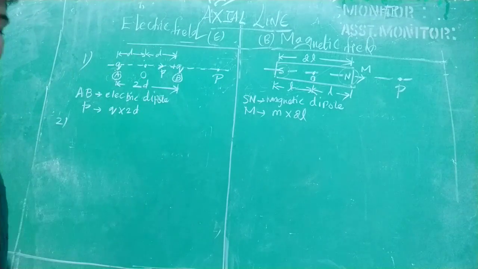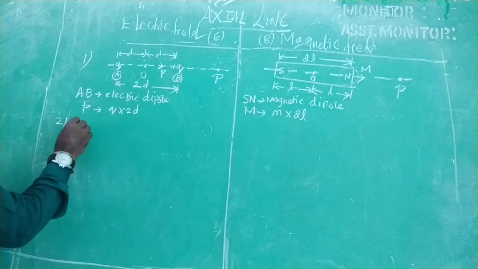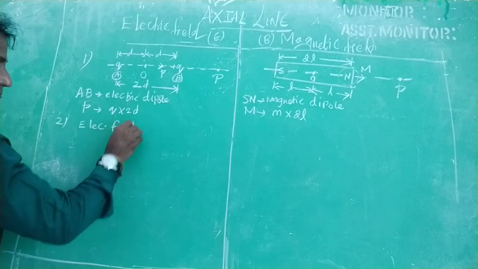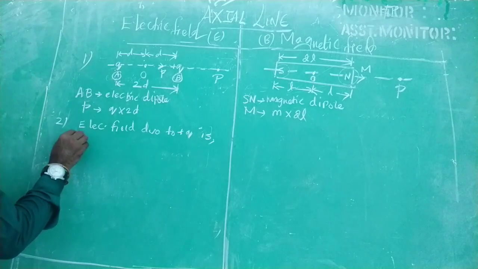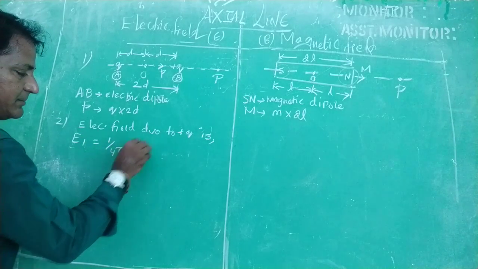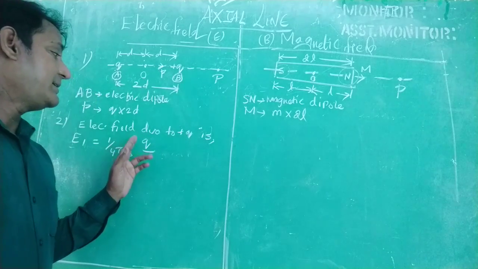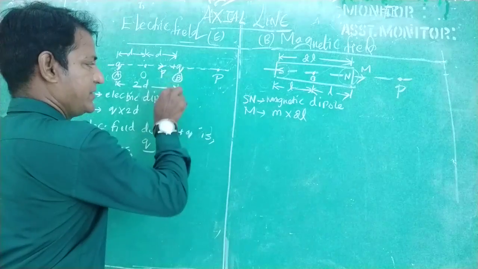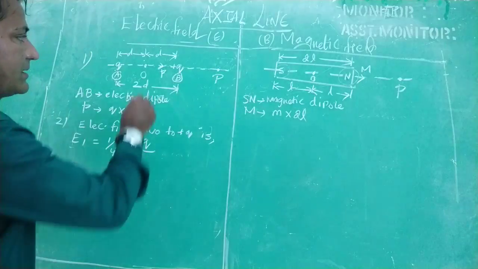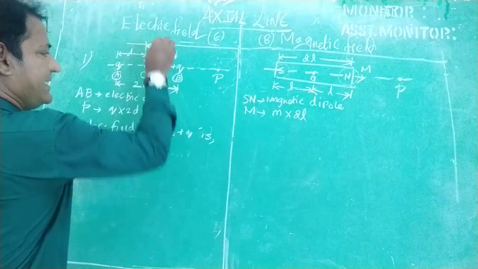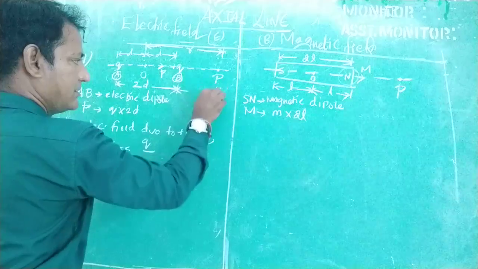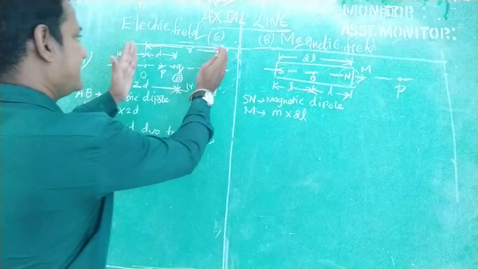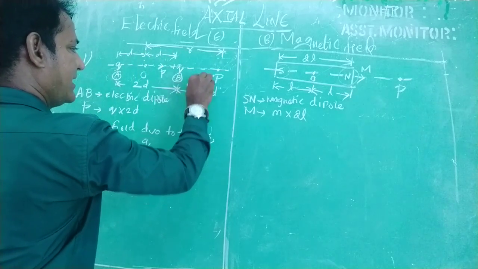Now, coming to the electric field. Here, we are going to measure the electric field due to plus Q. It is E1, which is equal to 1 by 4 pi epsilon naught, Q by, so due to plus Q, I should take the distance between plus Q and the point P. From point O to point P, the distance is some R. So this distance is R, this is d, so this will be R minus d.